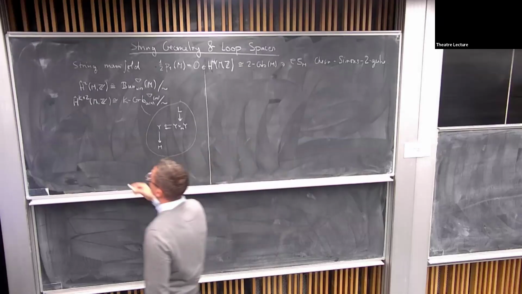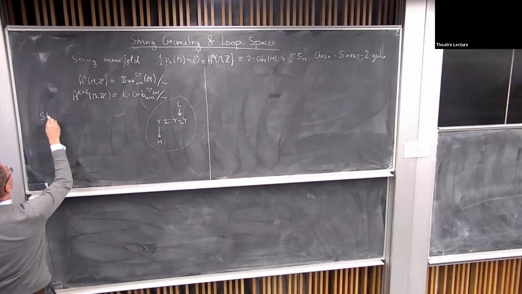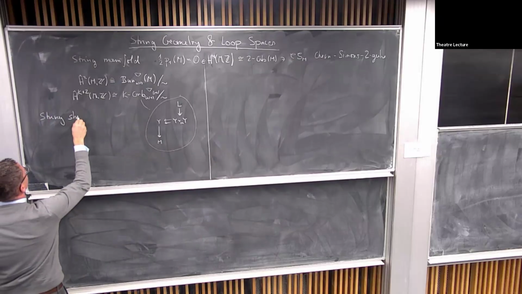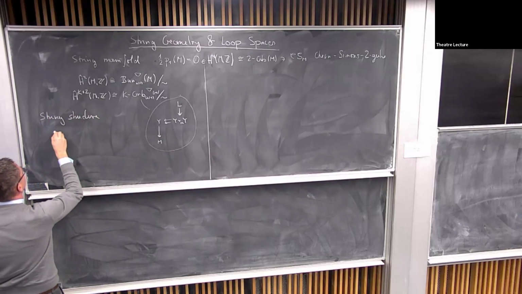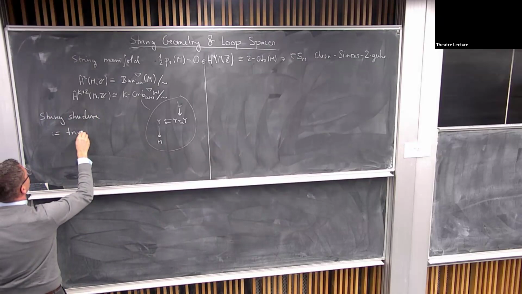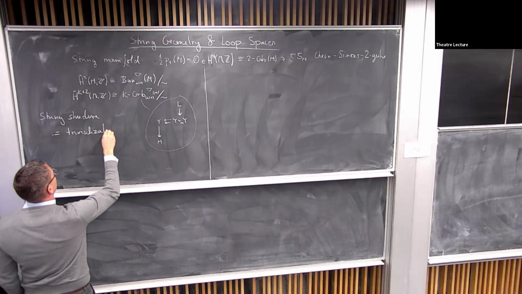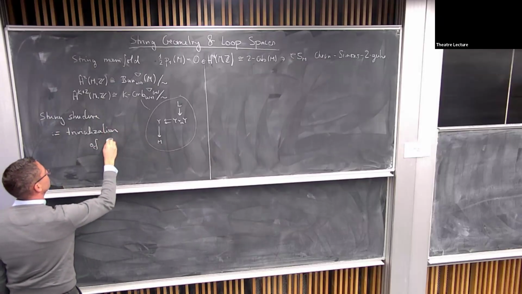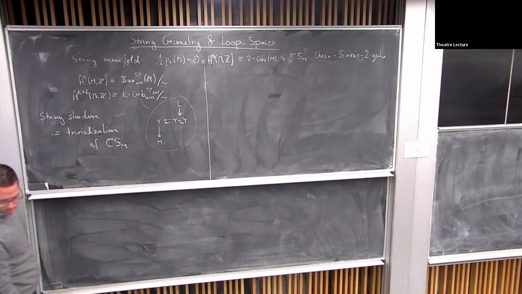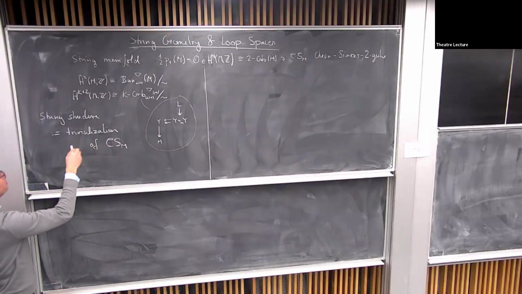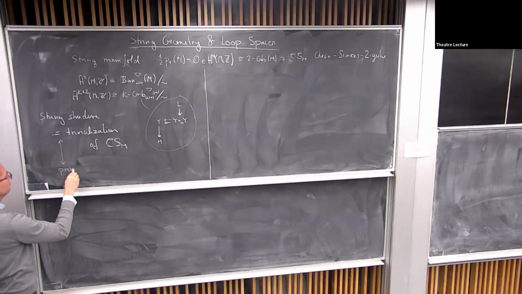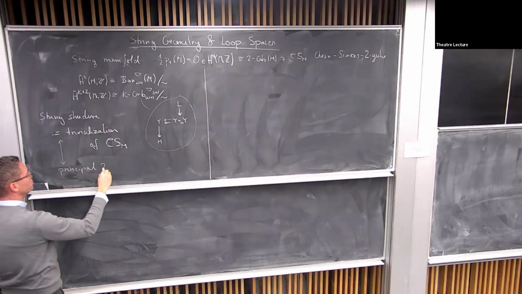So a string structure will be, by definition, a trivialization of the Chern-Simons 2-gerb on M. That's our working definition of string structures. Later I will provide an alternative, equivalent definition, namely by principal 2-bundles for the string 2-group.